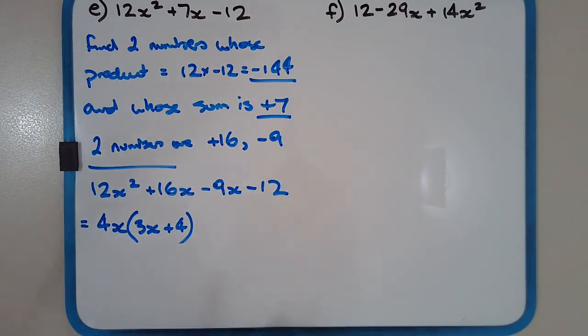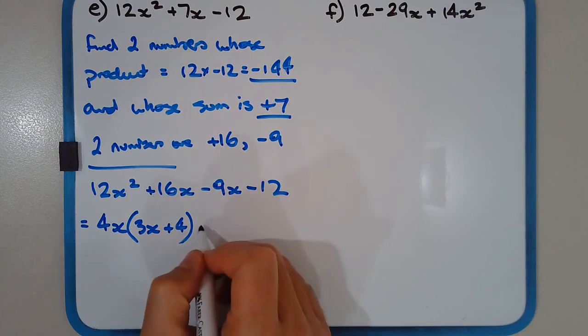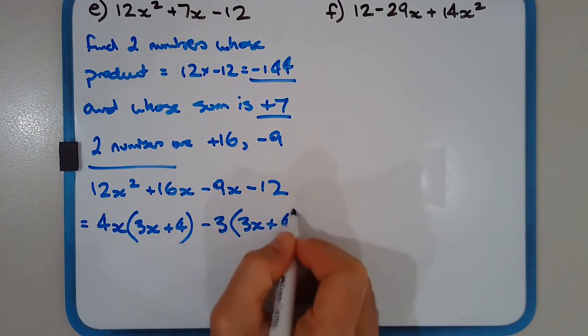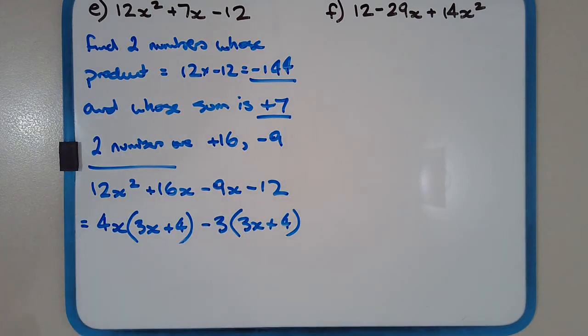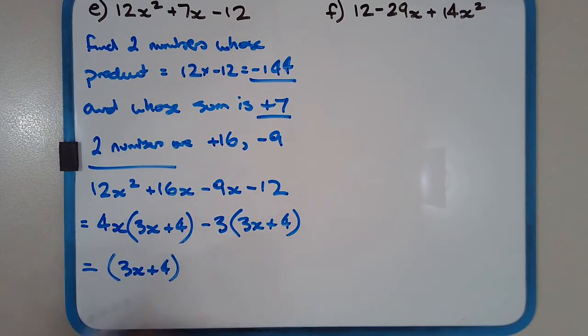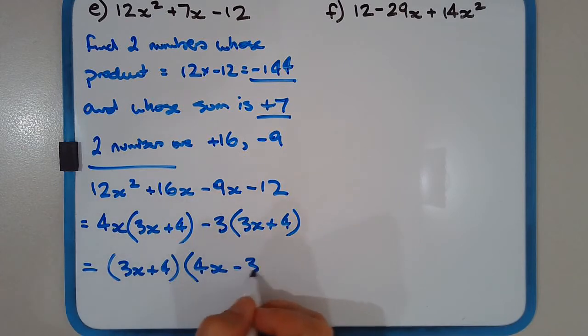And for the second pair of numbers there, we can take out negative 3, and we end up with 3x plus 4. I like this one. Comes out nicely, doesn't it? 3x plus 4, 3x plus 4, that's our common factor. And then what's left outside the brackets is 4x minus 3.